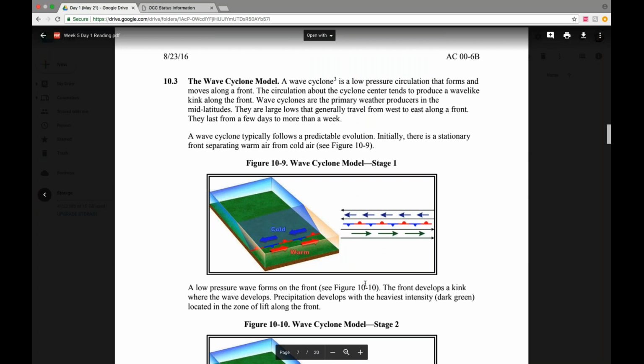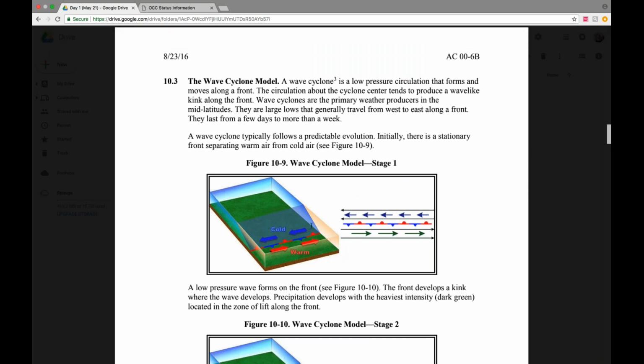So the next thing that she talked about was the wave cyclone model, right? So you have two air masses that are passing by each other, and remember they rotate in opposite directions.